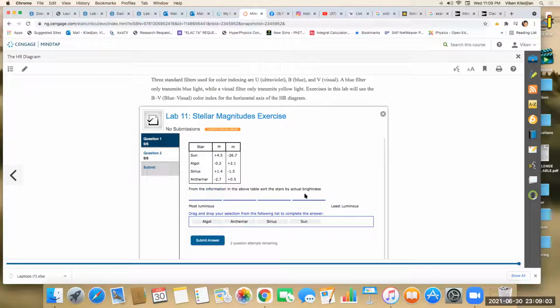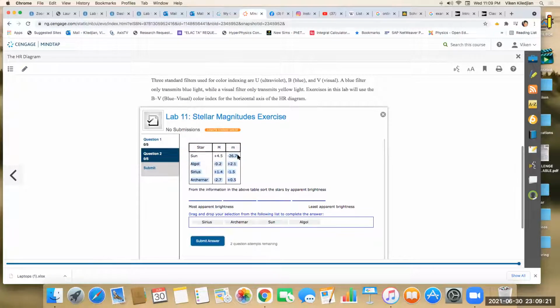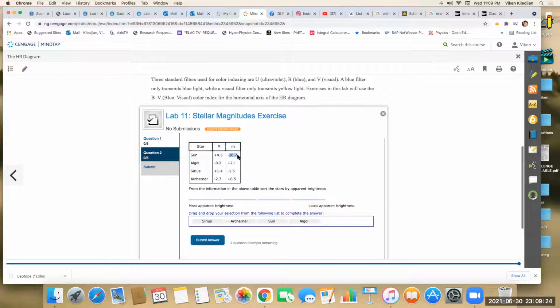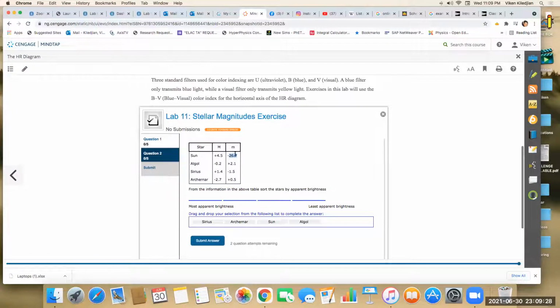Put this here, take a picture of your result, and then question 2. From the information in the above table, sort the stars by apparent brightness, from most apparently bright to least apparently bright. So the most apparently bright should be the one with the most negative little m, right? So that should be the sun. And then you go to the next negative.